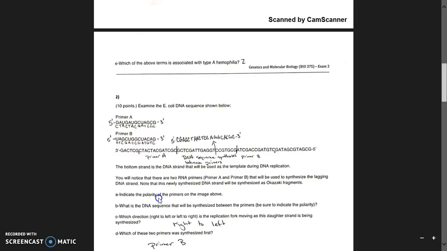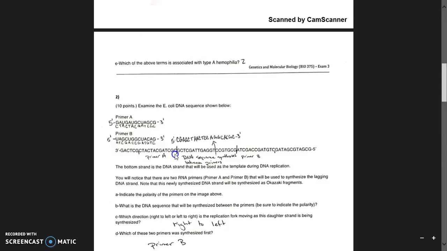And for B, what is the DNA sequence that will be synthesized between the primers? Be sure to indicate the polarity. So the DNA sequence between the two primers, so just had to locate the two.